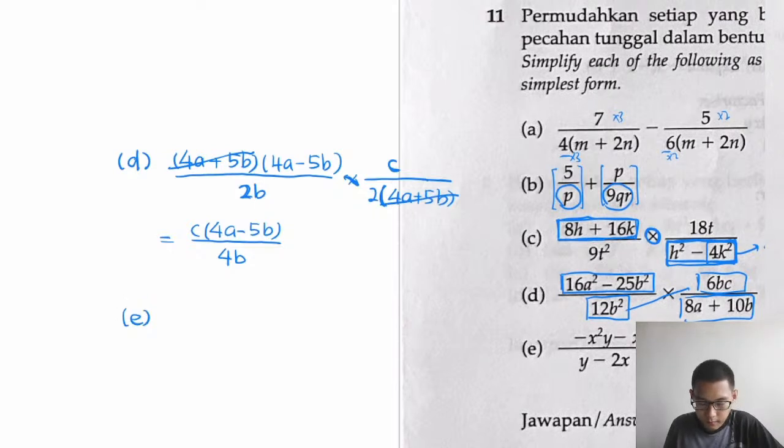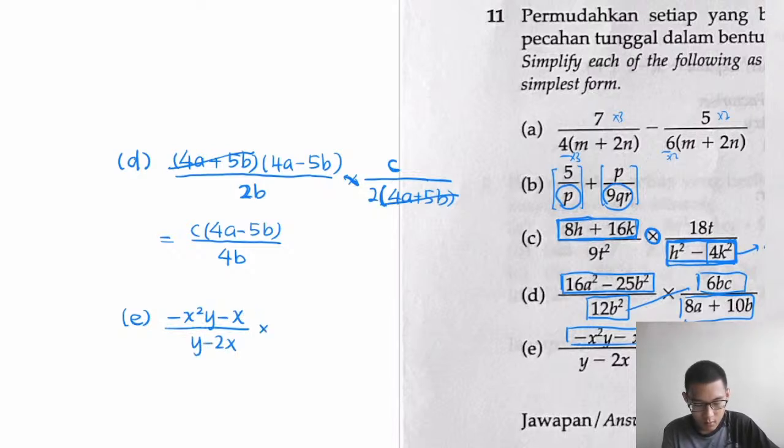E. Okay, so the first thing is we try to change, because of the division, we change this fraction, up and bottom. Reverse it. So next we try to simplify this. I want to do one by one, so I try to do one by one. y minus 2x, right?